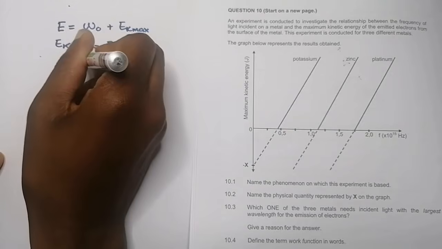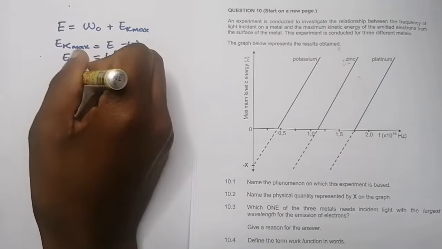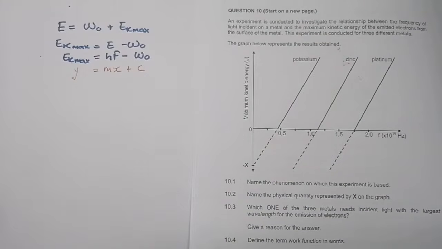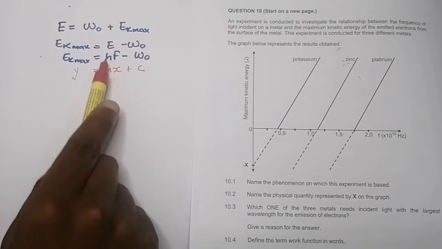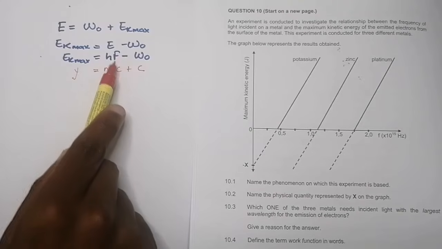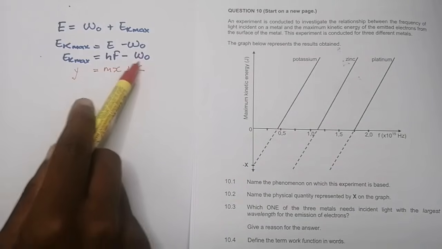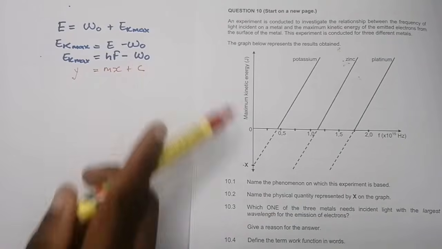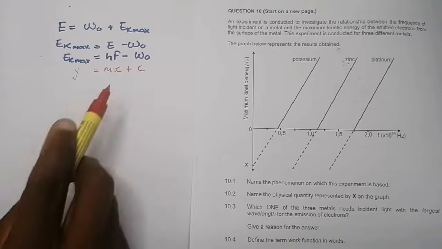So if you think of this as a straight line function where y is equal to mx plus c, it means our EK max is our y, our gradient is our Planck's constant, our x is f, and our c here, which would normally in a straight line function be your y-intercept.